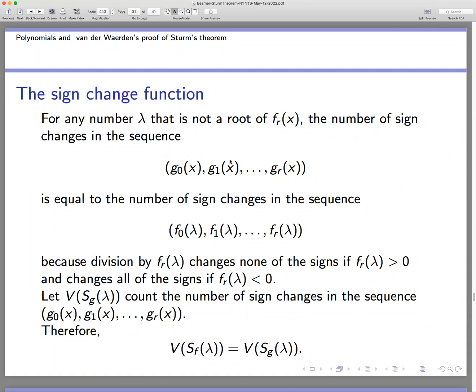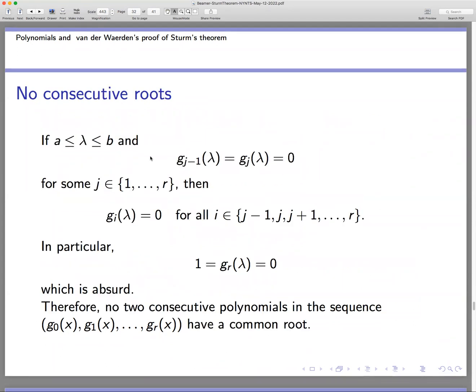But the number of sign changes won't change. So if I call this sequence, let's say, SG of x, the Sturm sequence that I get when I divide by this greatest common divisor, the number of sign changes in the original Sturm sequence is exactly the number of sign changes in this modified Sturm sequence. And it's the G sequence that I'm going to look at.